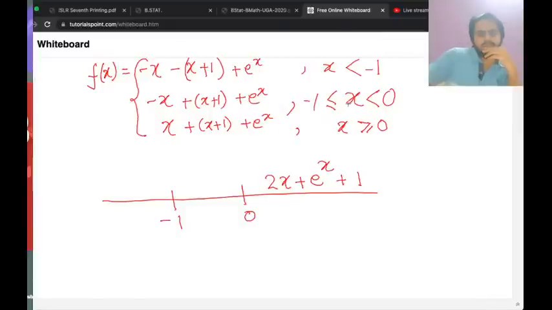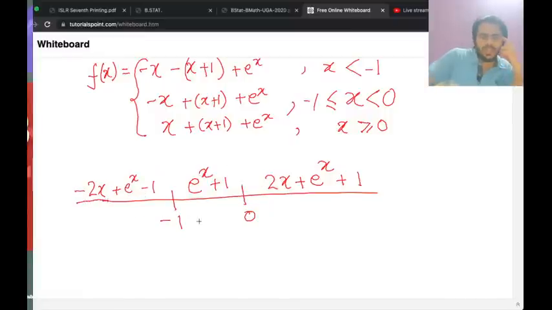If I am in the range from minus 1 to 0, the x will cancel out and I'll be left with e^x plus 1. And if I'm in the range less than minus 1, we will have minus 2x plus e^x minus 1. So these are the three ranges which we have.